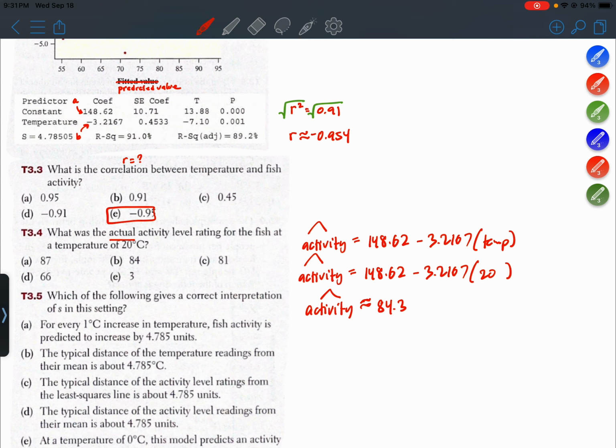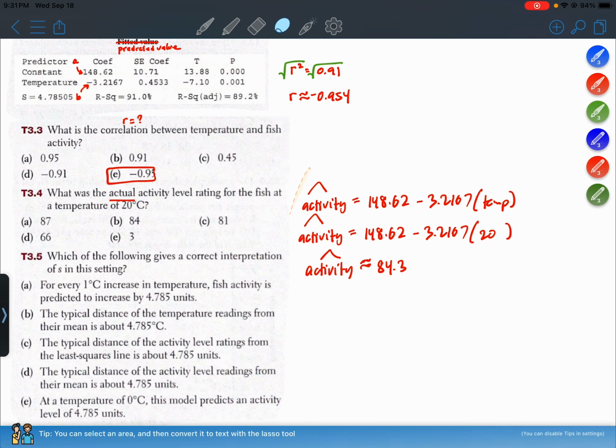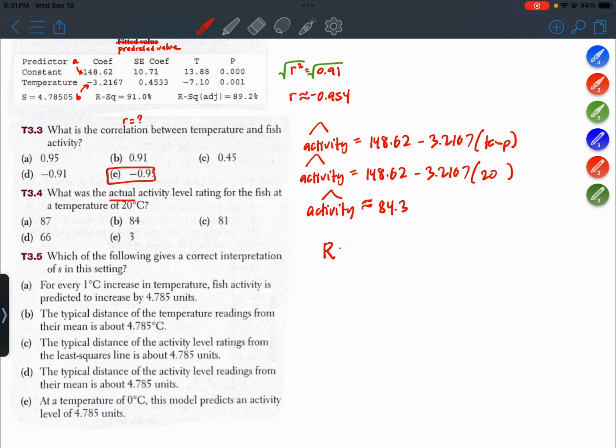So I know that there's a relationship between the predicted activity and the actual activity, and that difference is called the residual. I'm just going to abbreviate here. Let's move our work up a bit. So the residual is equal to the actual value minus the predicted value. Well, we know the predicted value. The actual value, that's what we're trying to find.